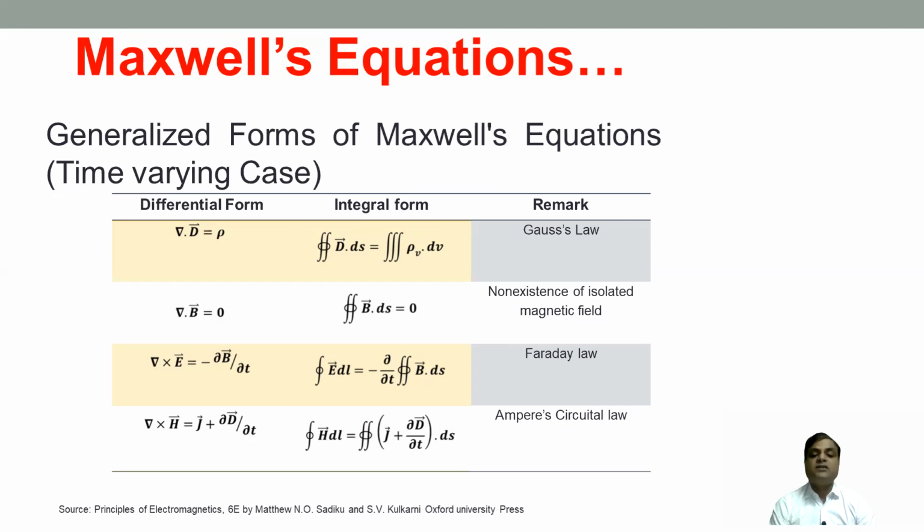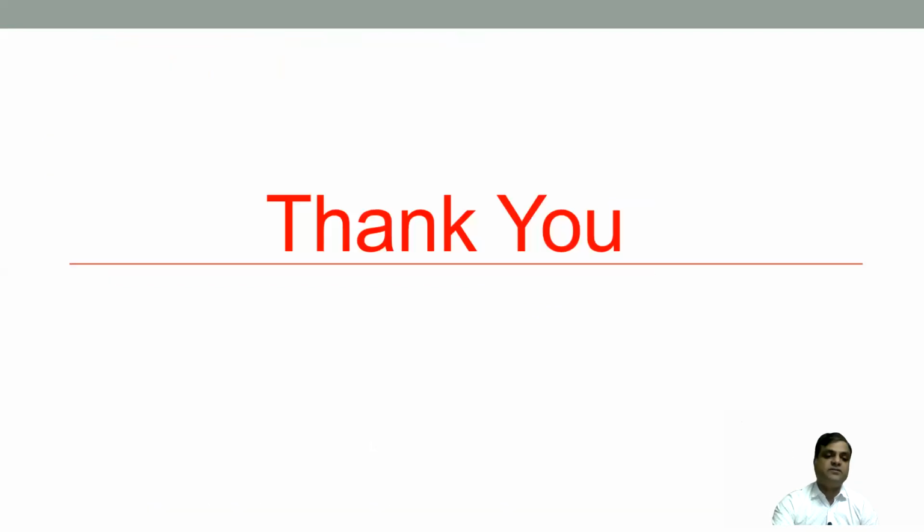Similarly, Ampere's circuital law is also modified for time varying cases, because we introduce the concept of displacement current. Here del cross H is equal to J plus del D upon del t, where J is the conduction current and del D upon del t is the displacement current. So Maxwell introduced the displacement current and modified the Ampere circuital law equation. That is all about the Maxwell equations.